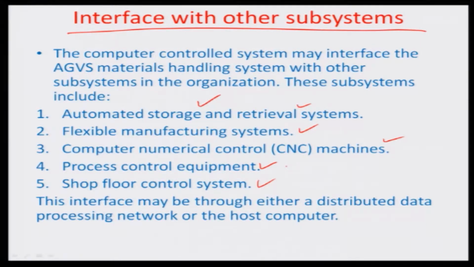So this interface may be either through a distributed data processing network, or through a unified host computer which will actually do all the steering and maneuvering based on data from all these different subsystems, but the integration becomes a real challenge at a host computer level.